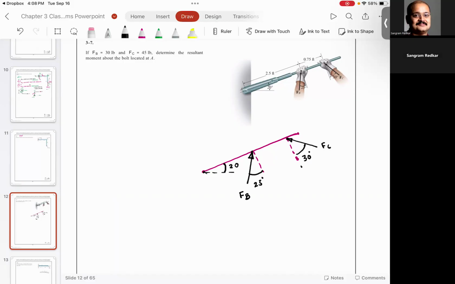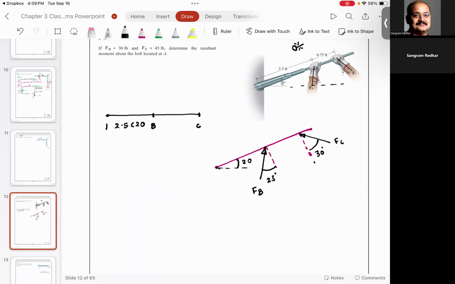So you agree with me that in this case you can see from top. If you were to look from top, this is what you're going to see: this beam, wherein you will see this point B and this point C. This distance is going to be 2.5 cosine 20, and this distance is going to be 0.75 cosine 20.